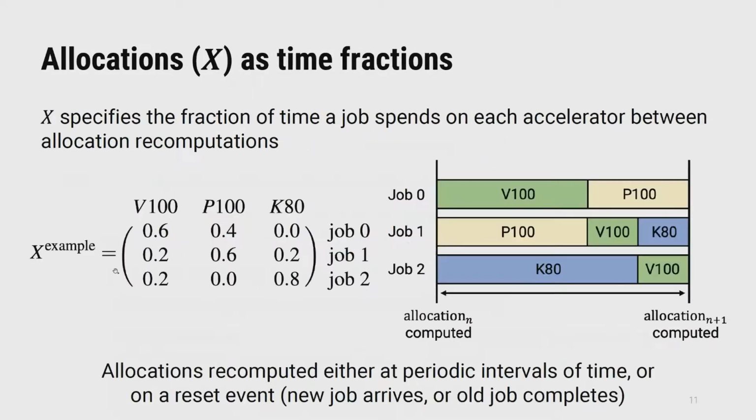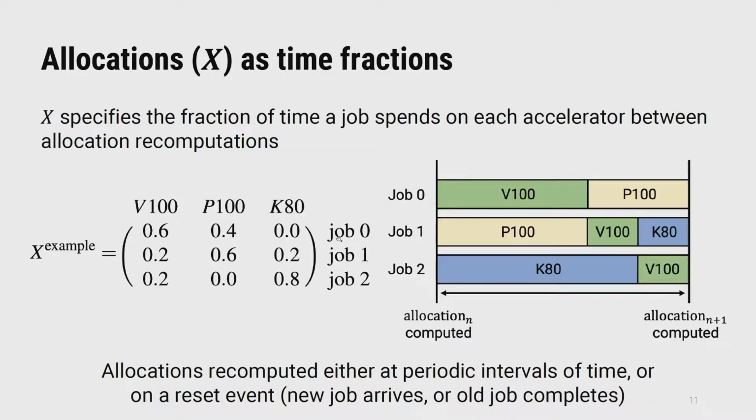Let's see how it does this, using a matrix. The representation of the schedule, or of the allocation, is a matrix called X. The X will contain the GPU types, V100, P100 or K80, and each job in a row.